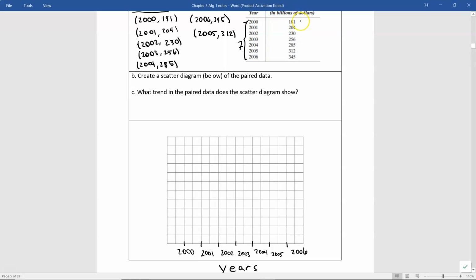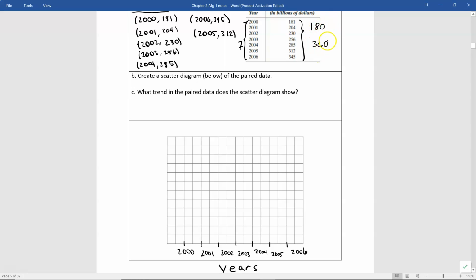In the dollars category, we go from a minimum of 181 to a maximum of 345. For this distance that we have to travel, I like to round down or round up to whole numbers, things that I can divide easily. So it basically goes from 180 to roughly 360.